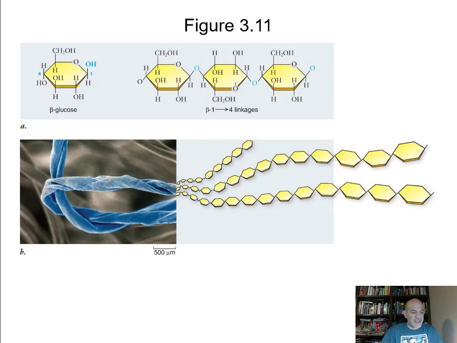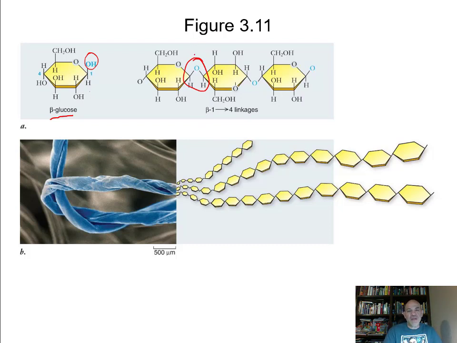Now cellulose. Cellulose is the paper you write notes on. Cellulose we find in wood and so on. It's made by plants. And cellulose uses beta glucose instead. Remember, beta glucose is the difference where that hydroxyl is. In alpha, the hydroxyl is down here on the other side. And so what we have instead is a beta 1,4 instead of an alpha 1,4. And there is a difference here. And one of the differences is that we don't make enzymes that can break that.